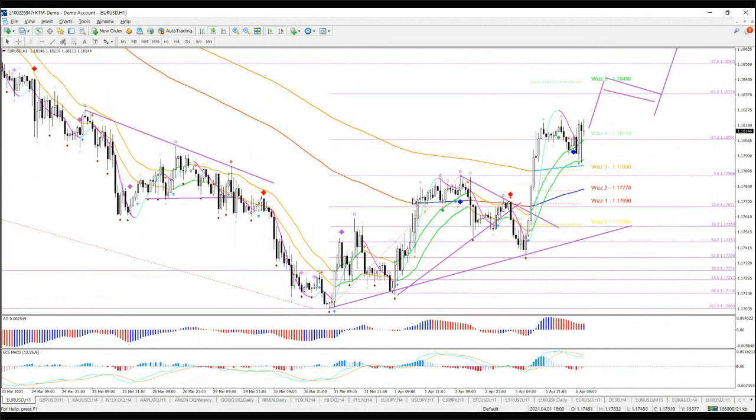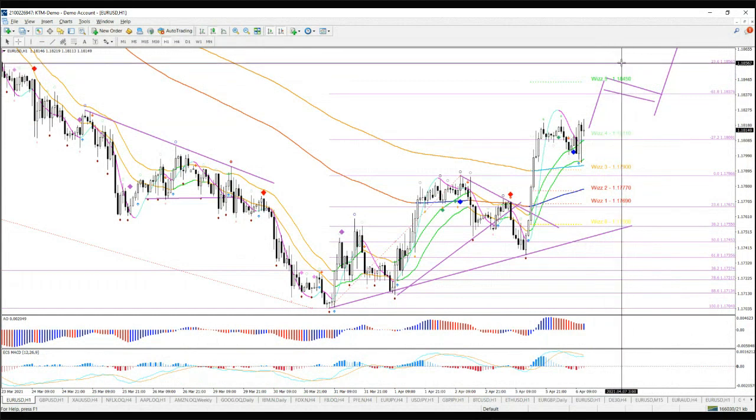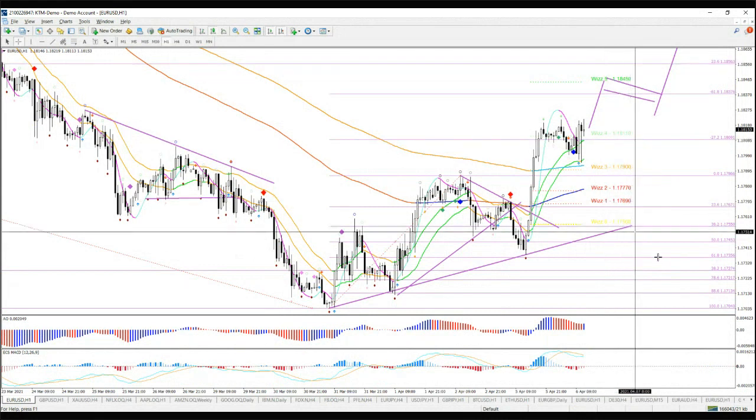That's how I see it. At the current moment, I probably see an 80% chance of a bounce, 20% chance of a break, and 70% out of that 80% chance that it will get up to this 118.50.